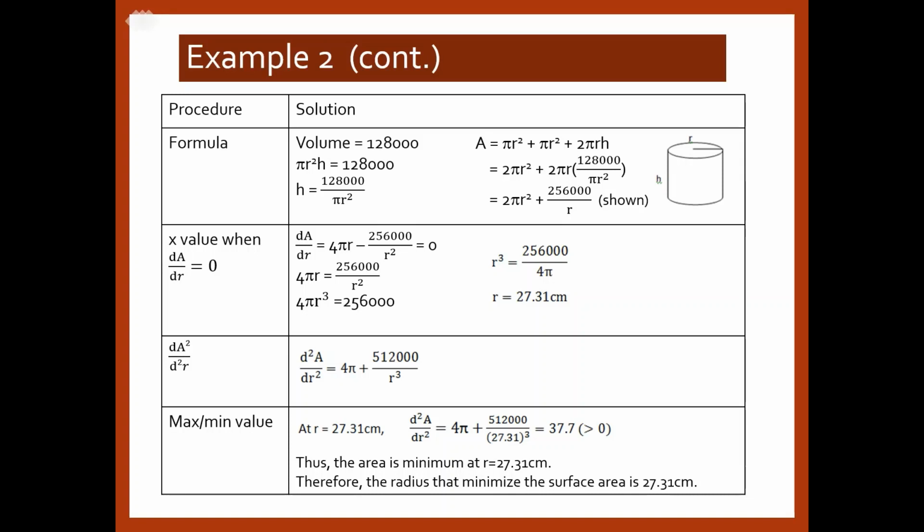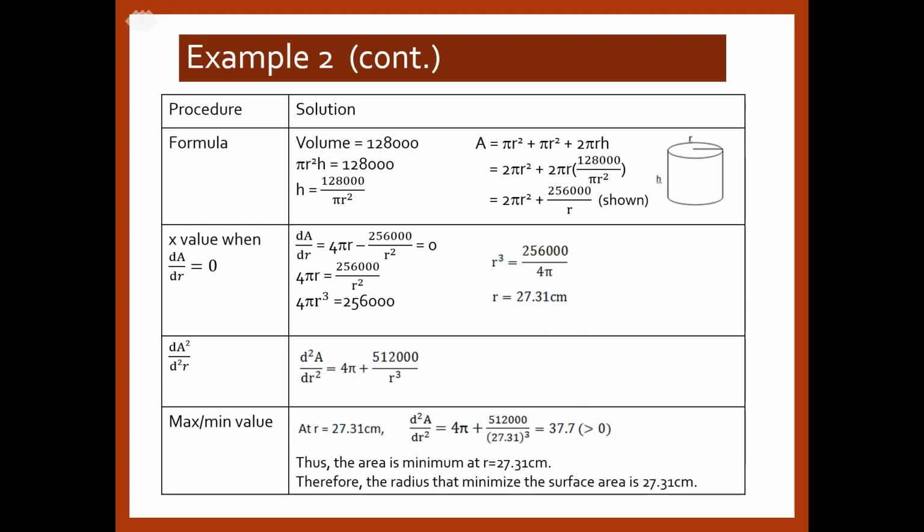You will get d squared A over dr squared equal to 4 pi plus 512,000 over r cubed. Substitute r with 27.31 and simplify. You will obtain d squared A over dr squared equal to 37.7, which is greater than 0.